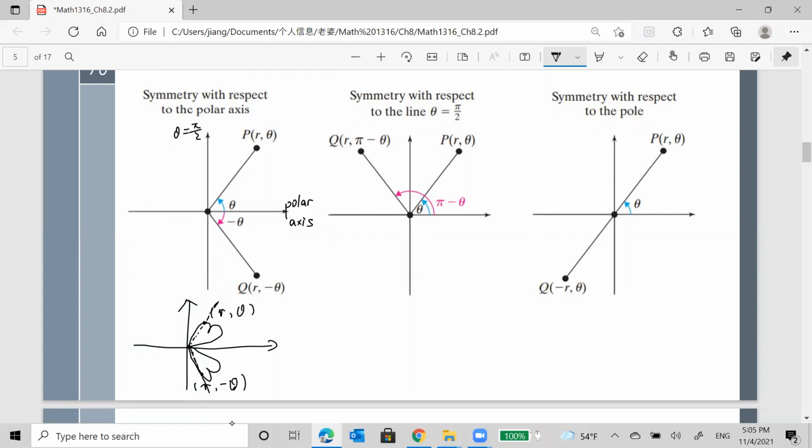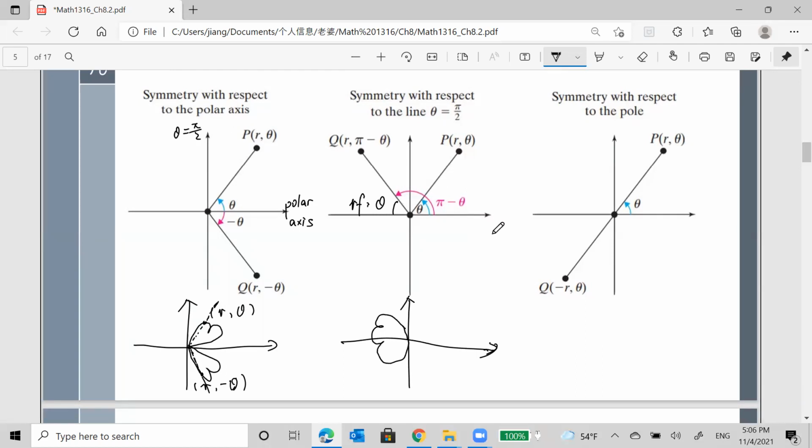So what is the angle for this pink one? From here to here. We have learned this is theta. So the reference angle of this angle must be theta too. I mean the reference angle. That means from here to here is pi minus theta. So if this function or equation is symmetric with respect to the line theta equals pi over 2, I may have this kind of graph.